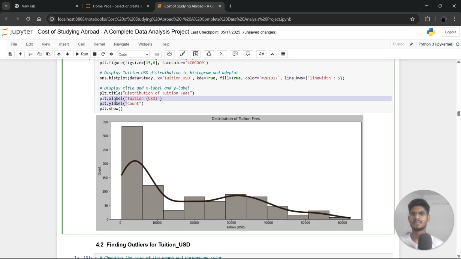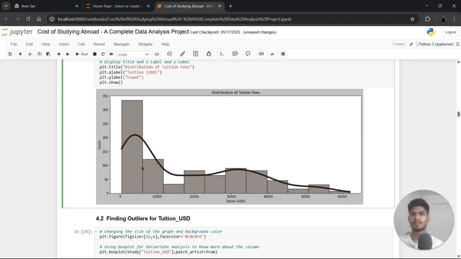Why are we using this? Because we are handling the X label, Y label and title of the graph. So we have given the distribution of tuition fees, so that we are getting an overview. Most of the time the values fall between 0 to 10,000.